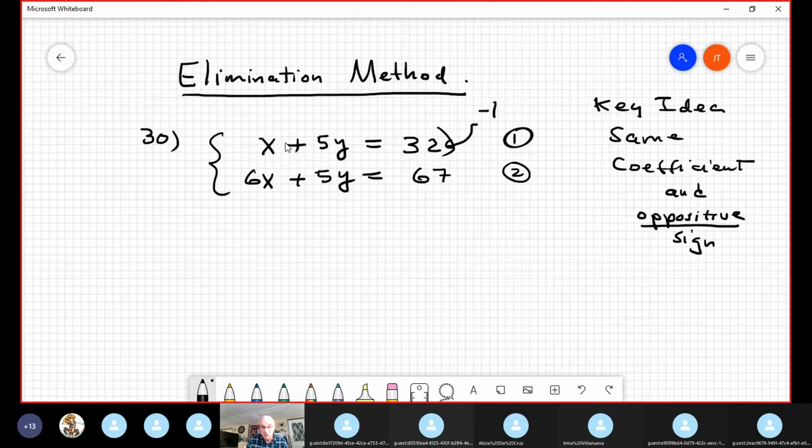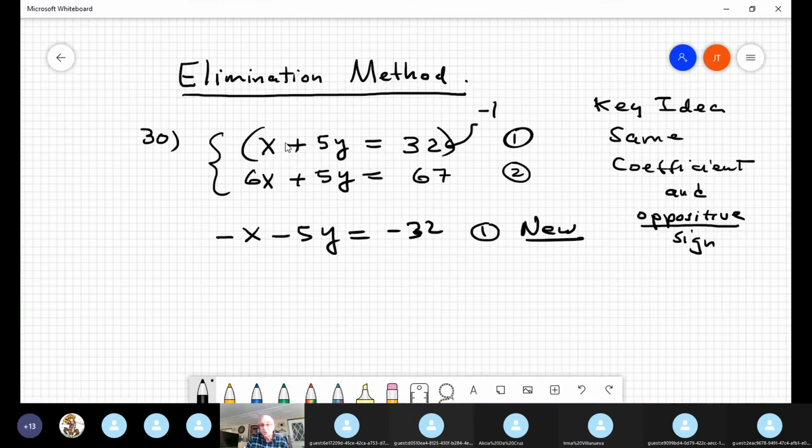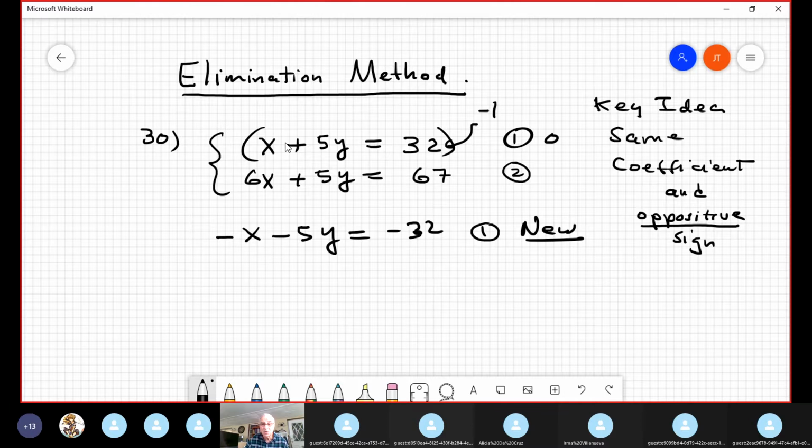You multiply the entire equation 1 by -1. When you do this, we have minus x minus 5y equals minus 32. And by the way, guys, this new equation 1 is equivalent to the original equation 1, because when you multiply the entire equation by one number, -1 or 2 or 3 or 4, the line stays the same. Now I copy the second equation exactly the same. I don't touch it.